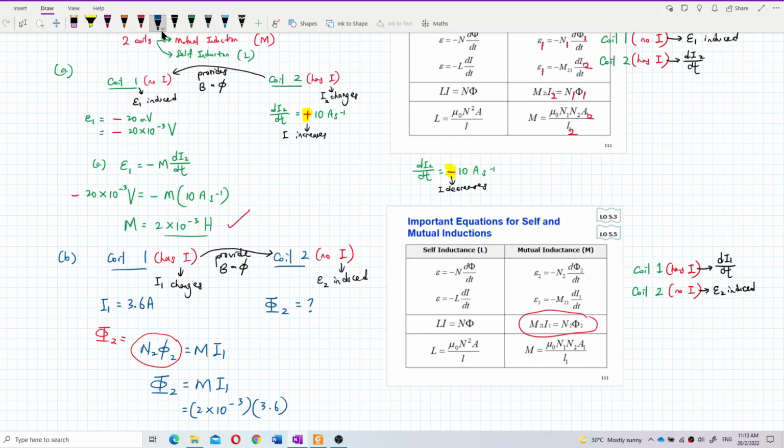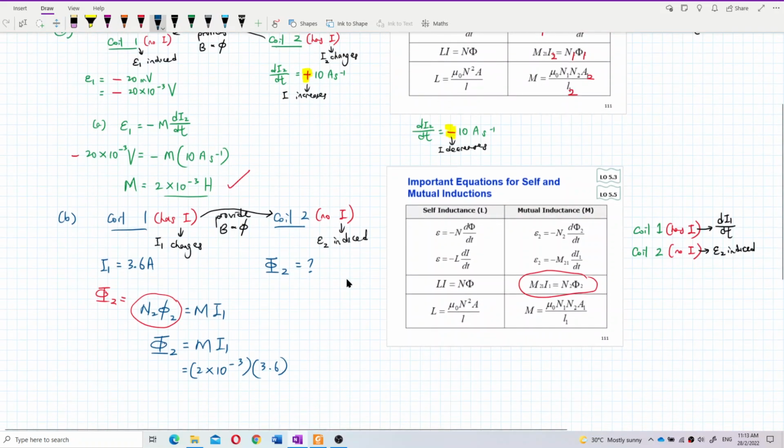So what's the answer? 2 times 10 to the negative 3, multiplied by 3.6, is 7.2 times 10 to the negative 3 weber.